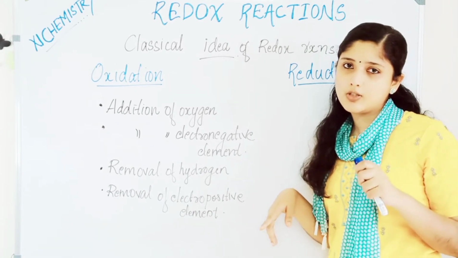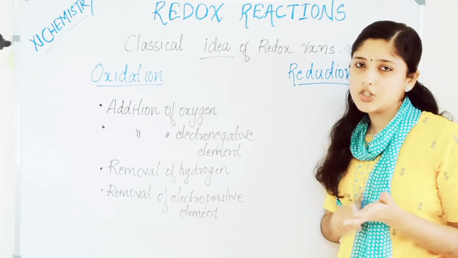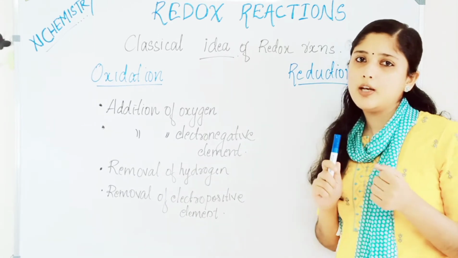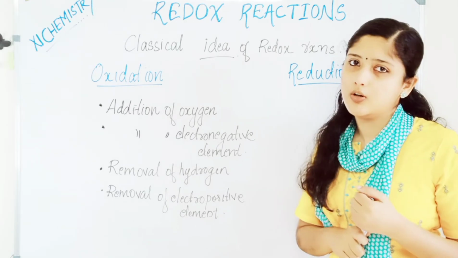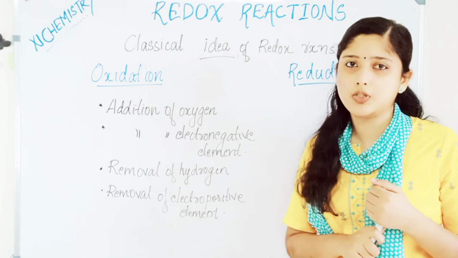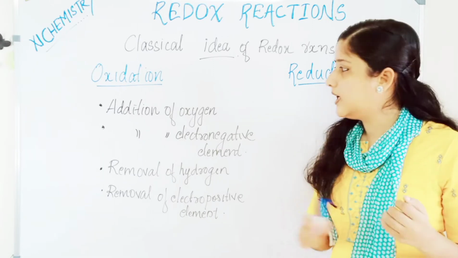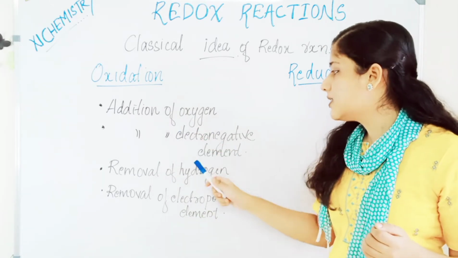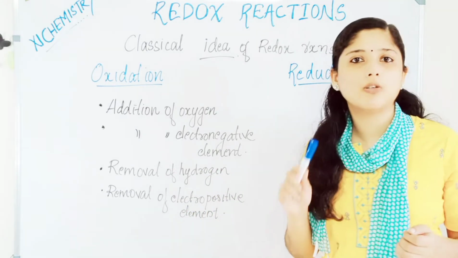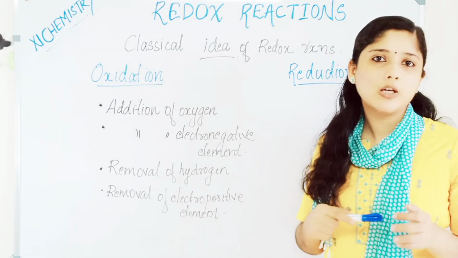So what is oxidation? It is addition of oxygen or addition of an electronegative element or removal of hydrogen or the removal of electropositive element. These are the points. Study this. Or all these processes can be termed as an oxidation reaction. So next, reduction.